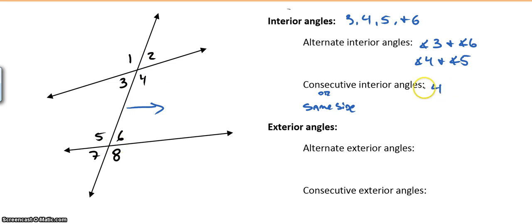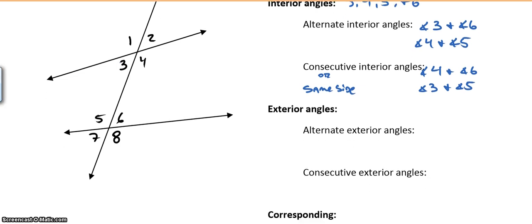So angle 4 and angle 6. Also, angle 3 and angle 5 would be same side interior. Alright, so it kind of makes sense. Everything inside, alternates flip-flop the transversal, and consecutive is the same side of the transversal. So identifying that transversal is a very important part of this.